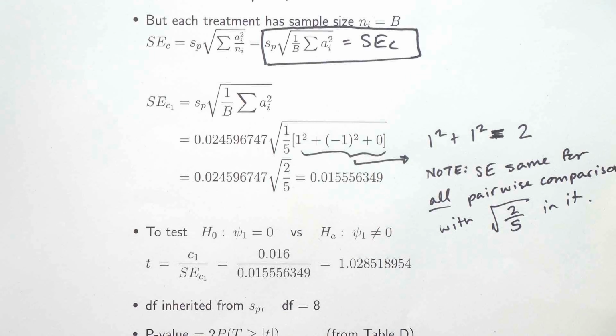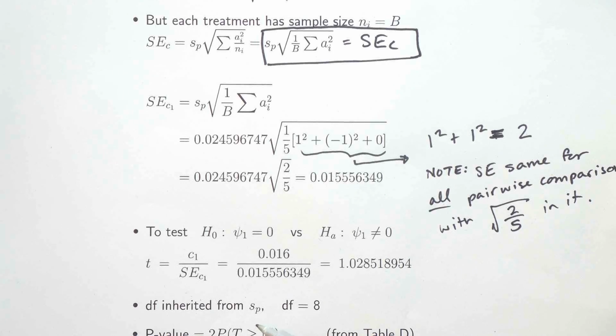Just as we've done since the beginning of the semester, the t is equal to our estimate of the contrast divided by the standard error of the contrast. And when we take that ratio, we get 1.02852, etc. Now, we have to evaluate whether we have sufficient evidence to reject the null. Under the null hypothesis, our statistic follows a t-distribution with degrees of freedom inherited from our SP.